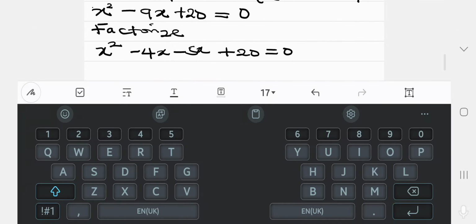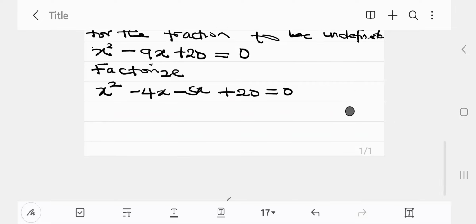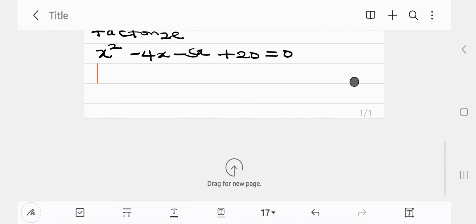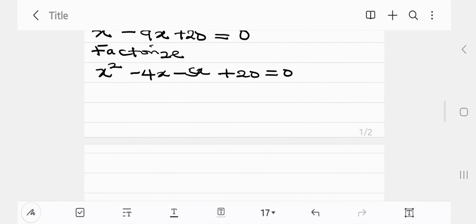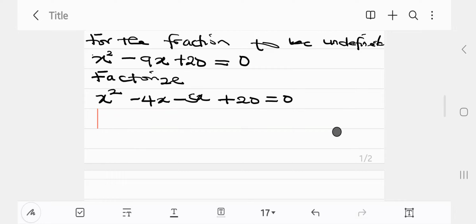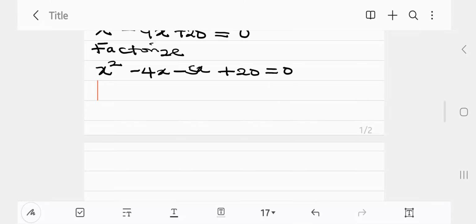So from here, you discover that when you add minus 4x and minus 5x together, the result is minus 9x. And when you multiply minus 4 and minus 5 together, the result gives you plus 20.